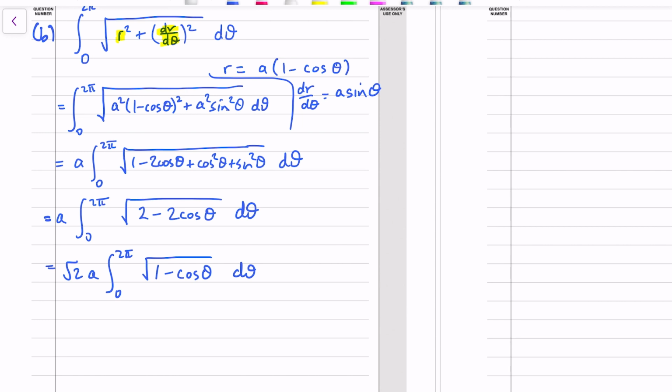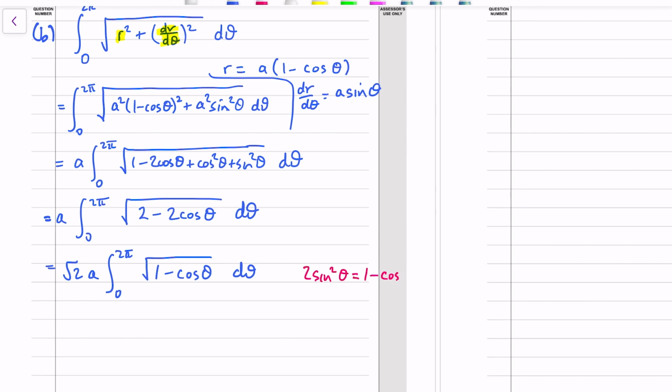So if you look at the formula sheet, and you look at the double angle formula, the formula I'm going to use needs to involve a 1 minus cos theta. So there's a formula that says 2 sine squared theta equals 1 minus cos 2 theta. The only difference is the 2 theta.